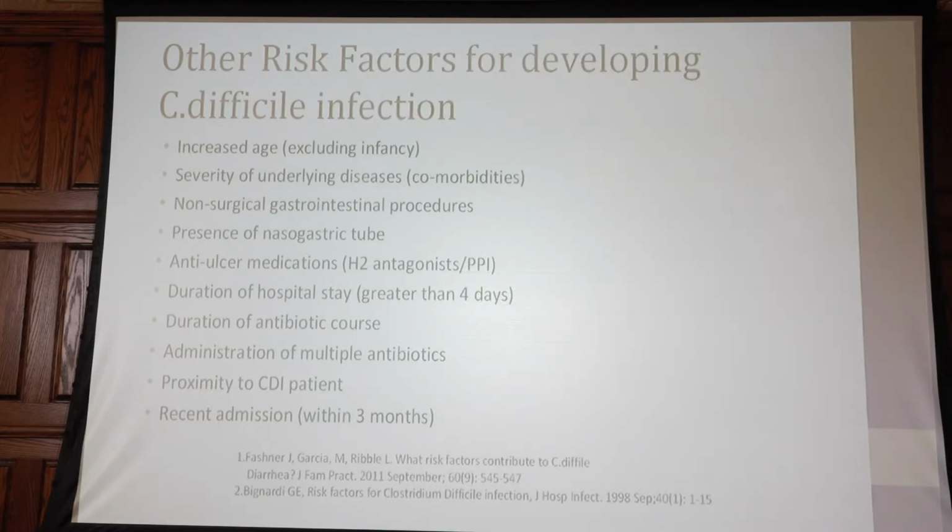Everybody that comes into our hospital, if you're on a steroid, or have any comorbid conditions where you're being treated in a stressful situation, you have to be on stress ulcer prophylaxis. So a lot of our patients are on Protonix, a lot of our patients are on H2 blockers. That's been associated. Duration of hospital stay also increases your risk, as does how long your antibiotic course is, and the use of multiple antibiotics.